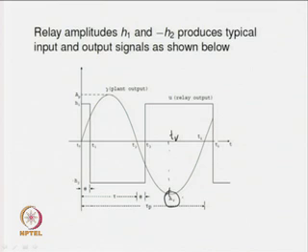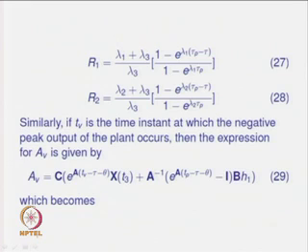So, to find another analytical expression for Av, what we have to do? We have to consider that the time at which the negative peak output of the plant occurs is Tv.